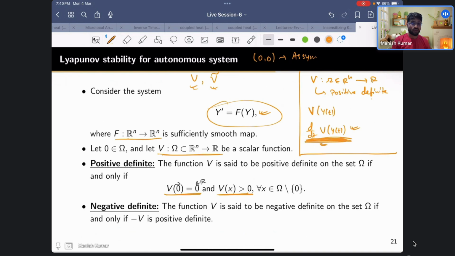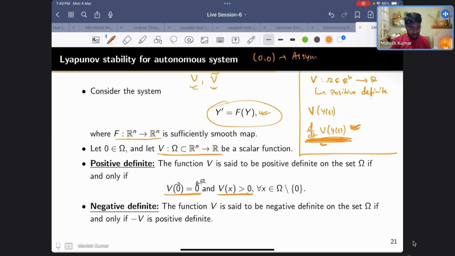It is not something that changes if you change V. Looking at d/dt of V(y(t)), it depends mainly on the sign it carries whether the point is asymptotically stable, stable or unstable.